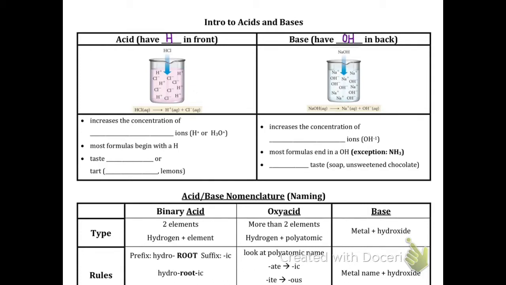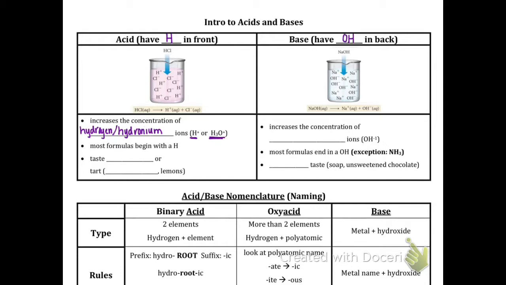An acid will increase the concentration of a hydrogen or a hydronium ion. So hydrogen, or we can call it hydronium. So if you look on the side here, this one is called hydrogen.